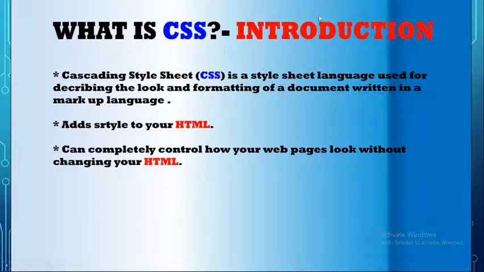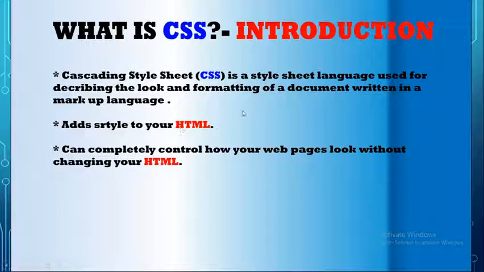Okay, so we're going to give a dictionary definition to CSS. According to the dictionary, CSS is simply cascading style sheets, a style sheet language used for describing the look and formatting of a document written in a markup language. So what that means basically is CSS adds style to your HTML.